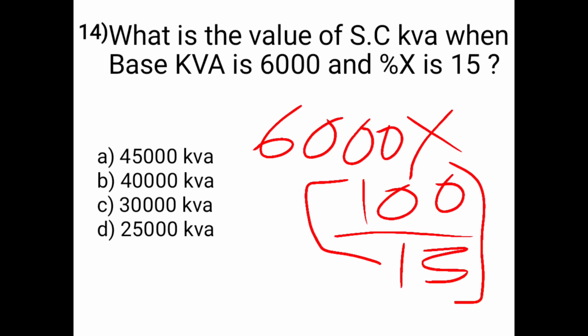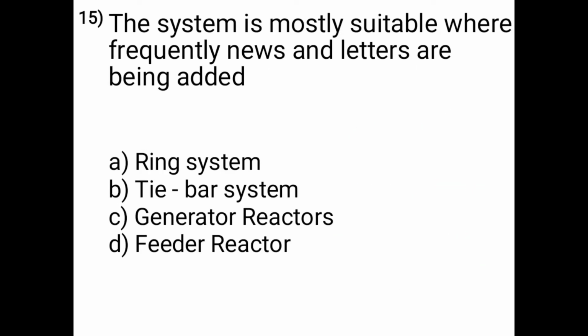We calculate this in the calculator, and our answer is 40,000. That is, option B is the correct answer. It means 40,000 kVA is the value of short circuit kVA, and when we convert it to MVA, our answer is 40 MVA.